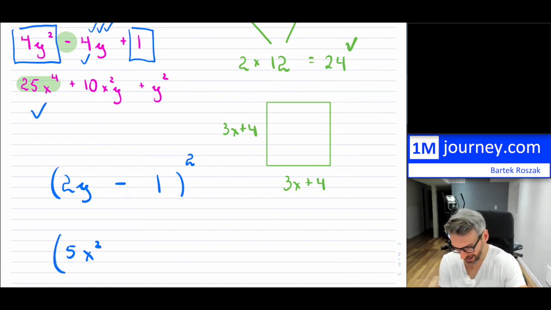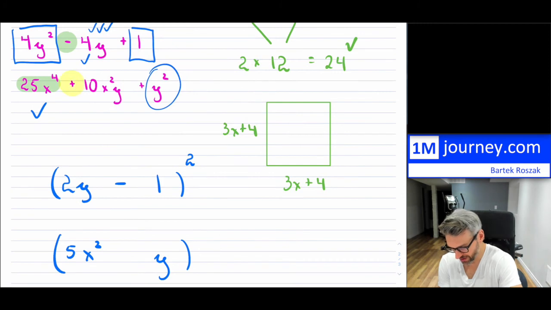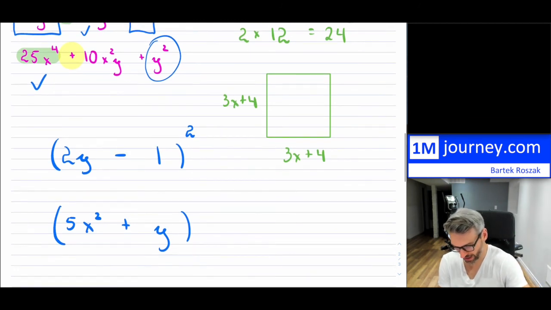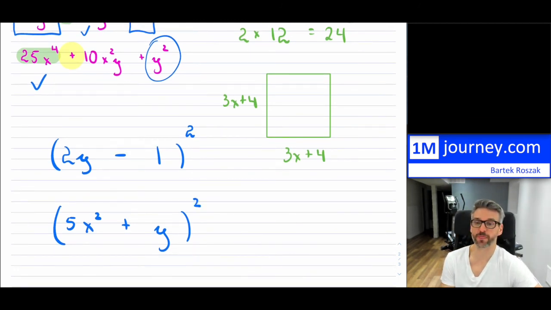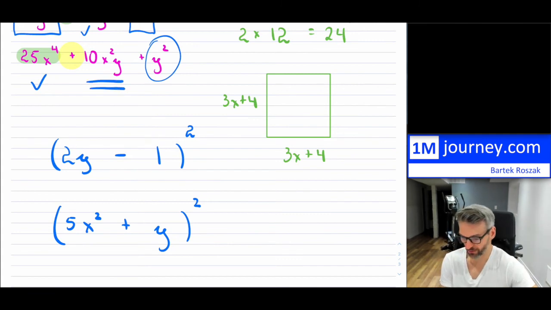Now I go to my last one, and that last one is, in this case, y squared and y squared. So take the square root of that, it's just y. My sign that goes in between, so it's going to be that sign right there. So that's going to be a plus. And now I'm going to check. All right, so if I square this, now what will happen? Am I going to get this middle term back?